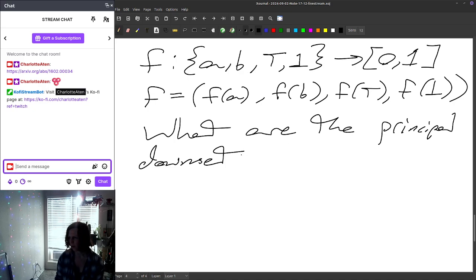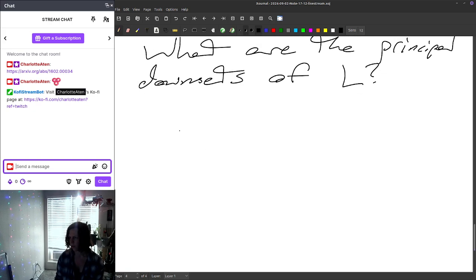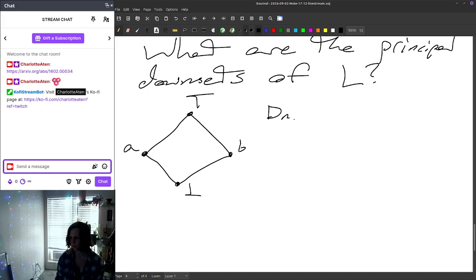So what are the principal downsets of this lattice L that we've been looking at? Well, downsets are the sets that are closed under going down in the lattice ordering. So if we look at our Hasse diagram, I might denote it by dn for down.